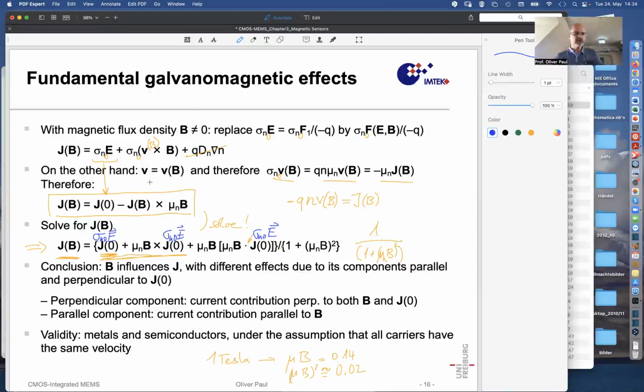And what we have seen is that in case B is not pointing in the direction of J, for instance, perpendicularly, then we have a term of the current density that goes perpendicularly to both the original J direction and the B direction. So the Lorentz force somehow deviates the current density from the direction prescribed by the electric field.